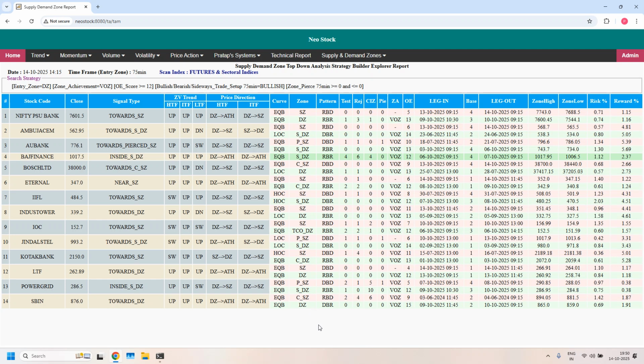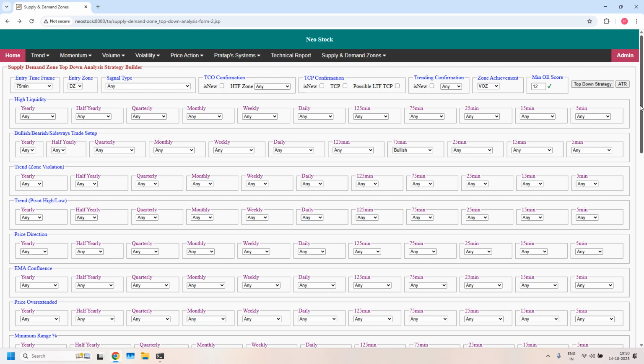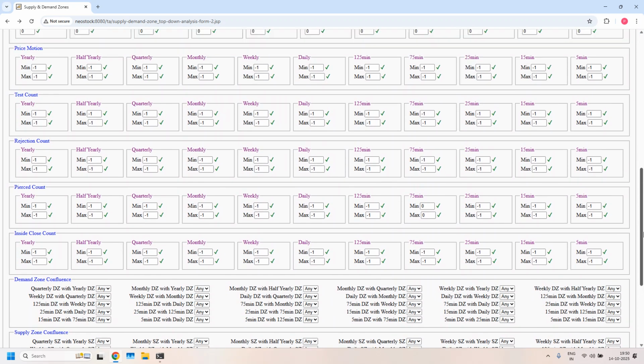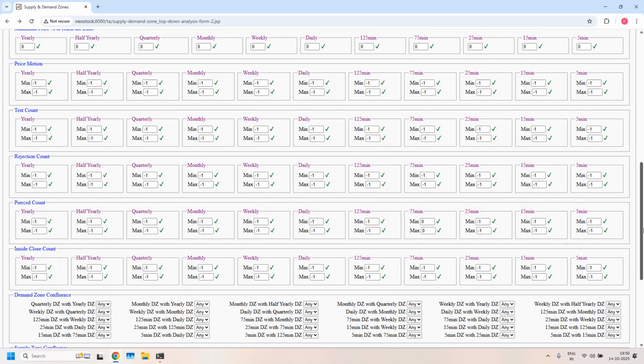Let's filter high probability trade setup supported zones based on the 2 different strategies we learned from lesson 27. First strategy, LTF and ITF demand zone confluence, and then ITF EMA confluence.